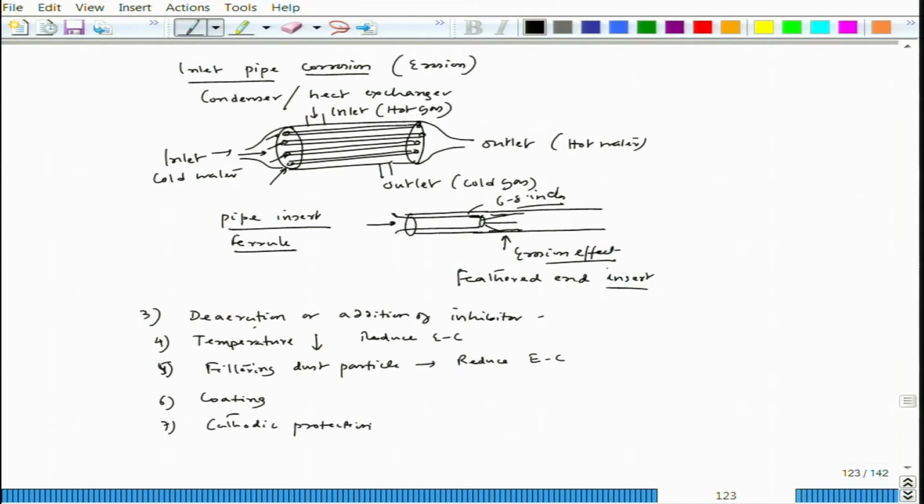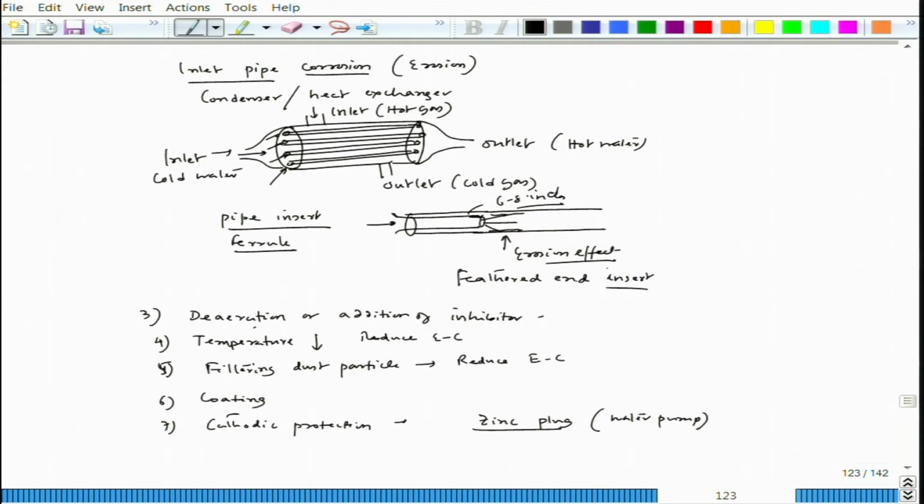It is not a very common practice to reduce erosion corrosion effect, but still people use a zinc plug in the case of a water pump. The zinc plug actually gives sacrificial protection to the pump material, fine. So, these are some of the examples which can prevent or combat erosion corrosion.